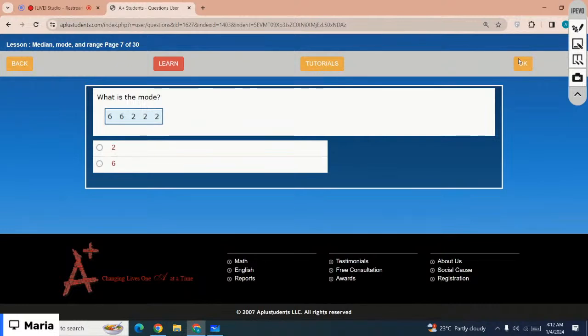Mod is the number that appears the most of the time in the given data. Yes, that is 2 because 2 appears 3 times. So mod of the data is 2.